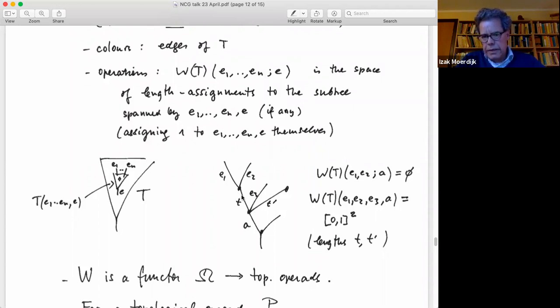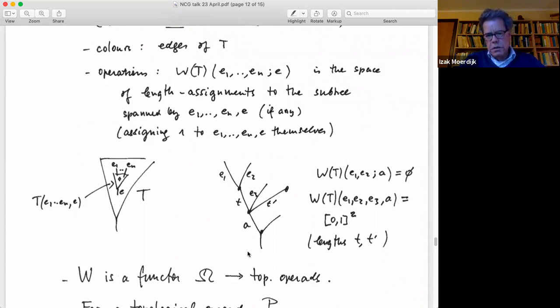Okay, there is an inner edge here, but don't forget, here I don't need an input at all. And so this is also an inner edge which lies above A and is inside this tree somehow. I should have defined this a bit more technically, but I hope you understand what I mean. Okay, so the space of operations from E1, E2, E3 to A is a two-dimensional cube.